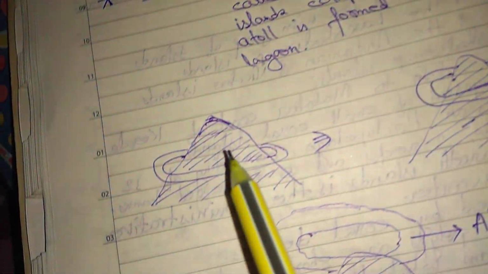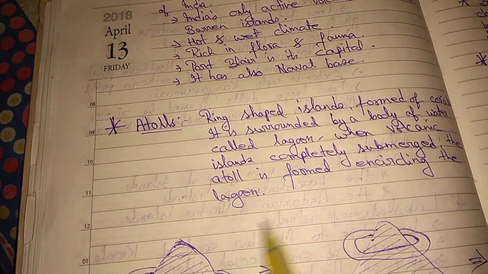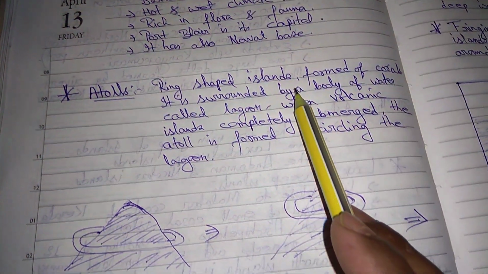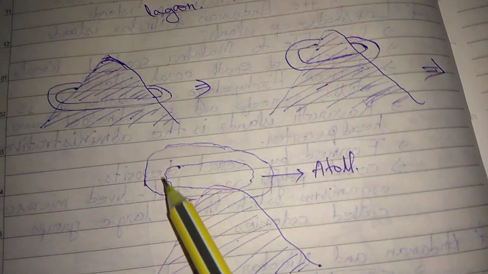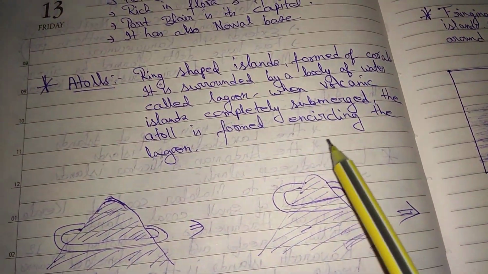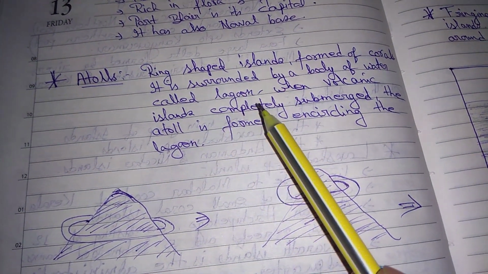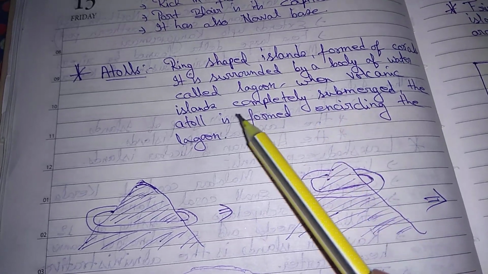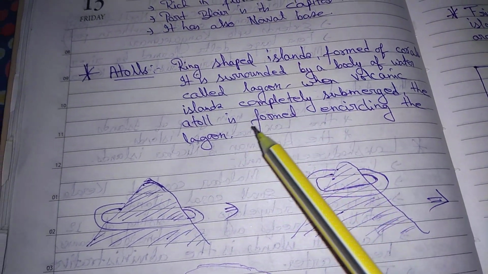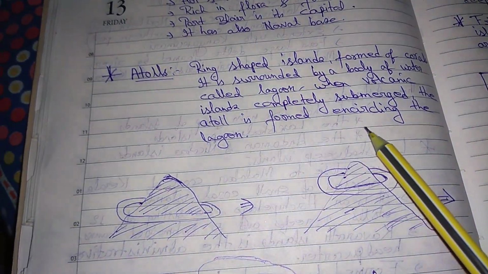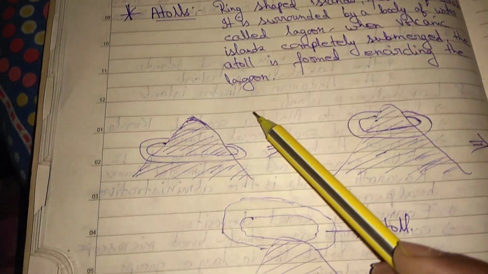As you see, an atoll is a ring-shaped island formed of coral. It is surrounded by a body of water called a lagoon. When volcanic islands completely submerge, the atoll is formed encircling the lagoon.